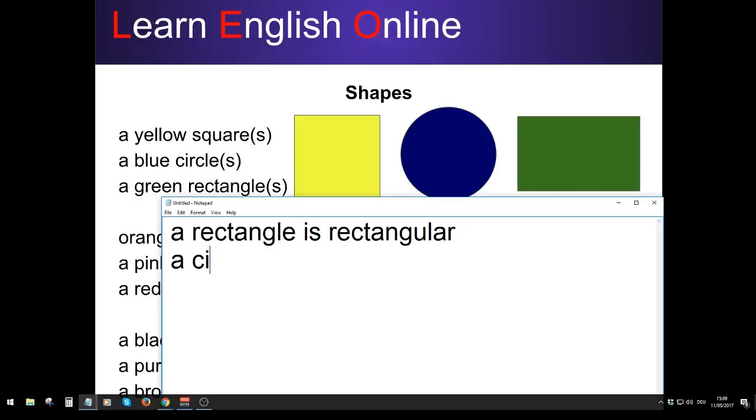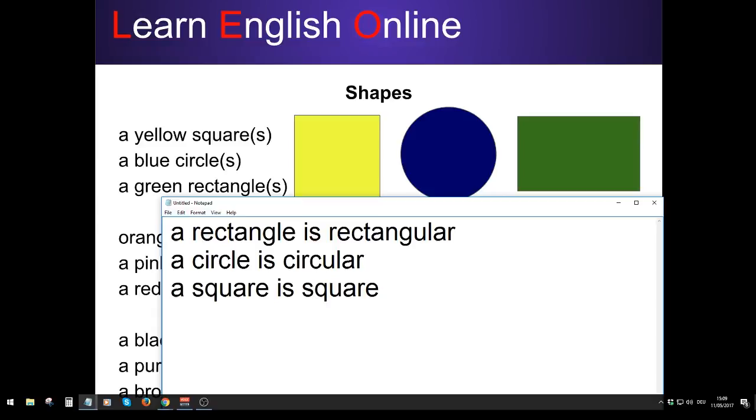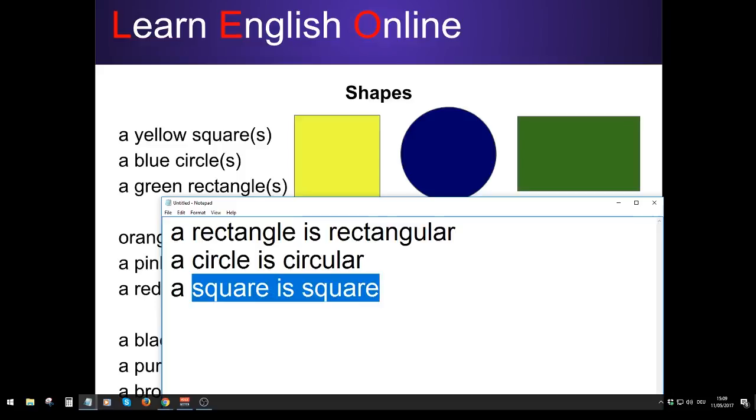A circle is circular. A square, well, it's just square. Don't you love English? So sometimes you have to remember a different adjective, and sometimes not.